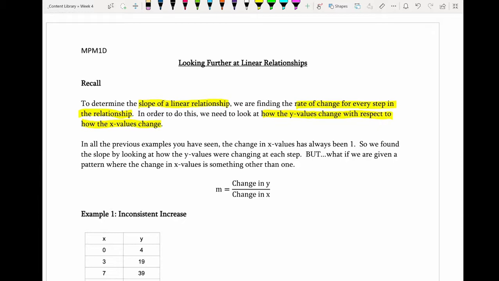But if we're given a pattern where the change in x values is something other than 1, that's where we have to really rely on this formula. When we were looking at the patterns, it was always increasing by 1 step, so we could always look for the multiplier, the rate of change, just by counting how we changed from each step. But if we're not given that increase of 1, we need to look at this formula.